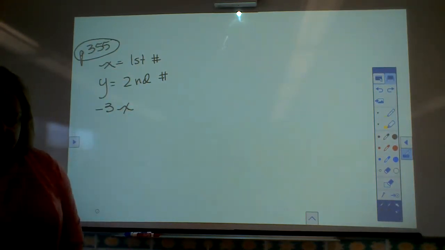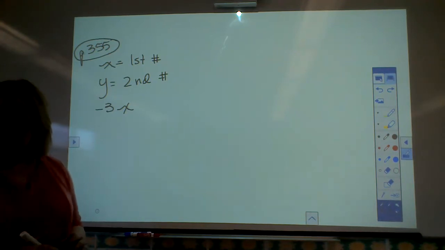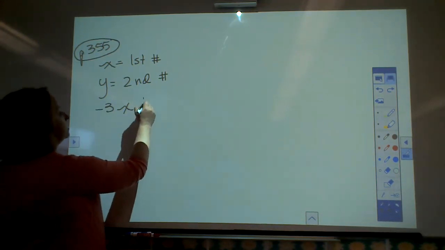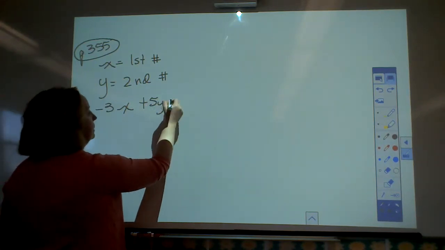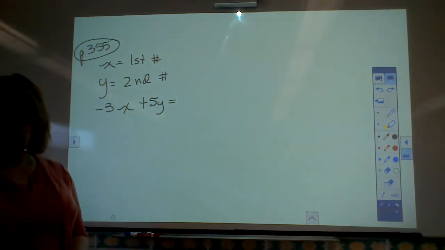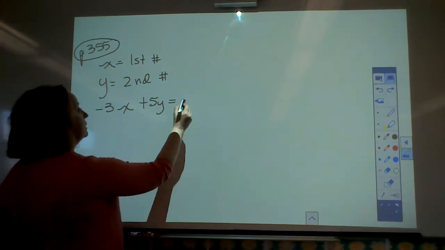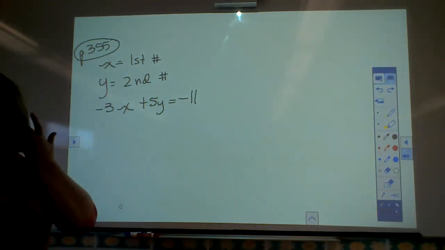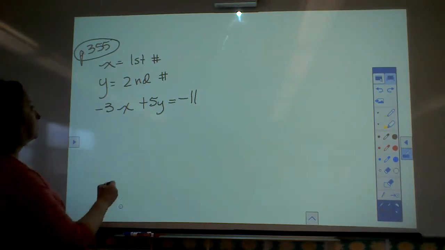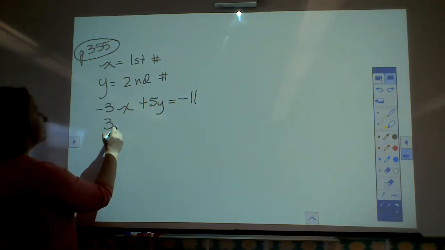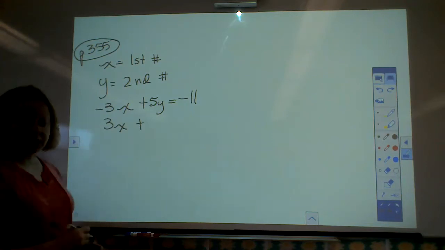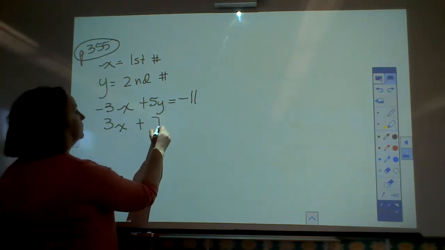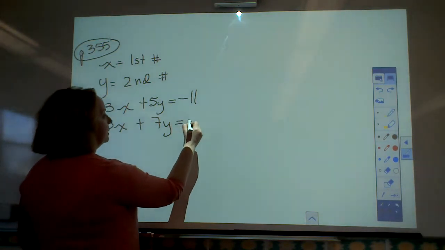And then it says plus 5 times the other number, so it's plus 5y, is, and that's going to be -11. Okay, so there's our first equation. So let's read the second one. 3 times the first number, so that's going to be 3x, plus 7 times the other number is -1.